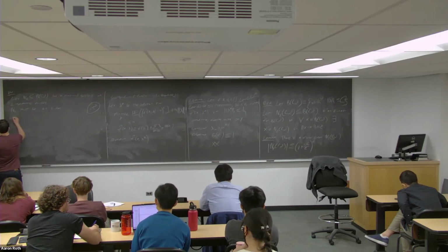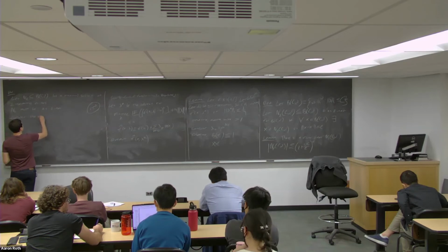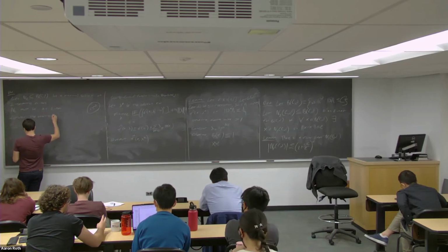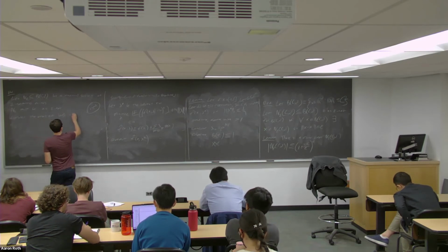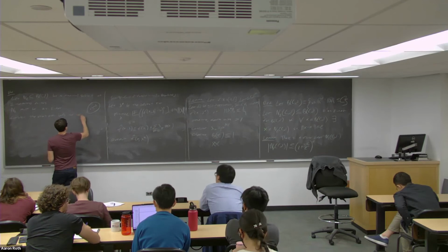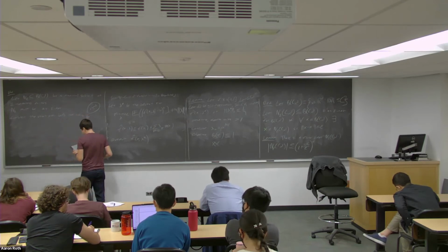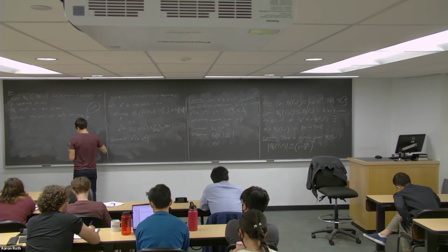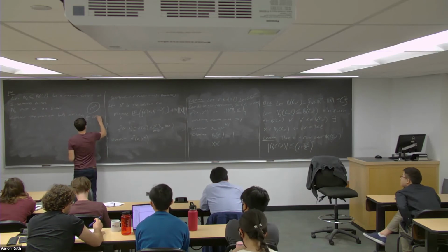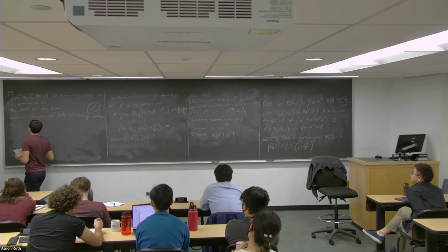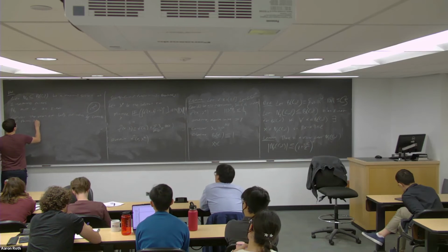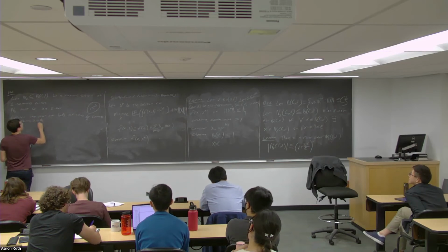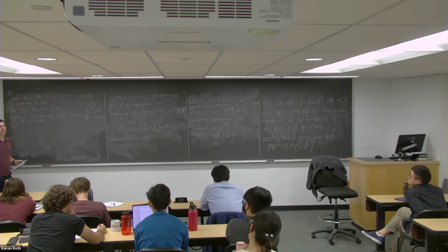So let's consider the union of L1 balls of radius epsilon over 2 centered at points lambda in this net. Okay.